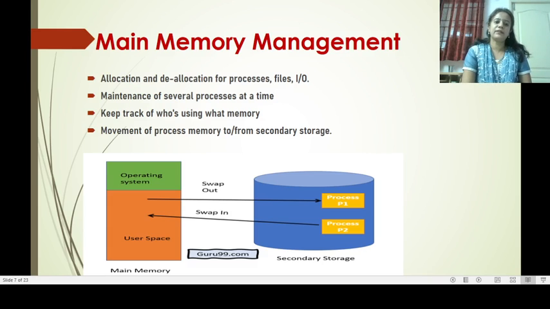To avoid that, main memory management is very crucial. The operating system also keeps track of who is using main memory and at what time. And proper secondary storage management is also done by the operating system.